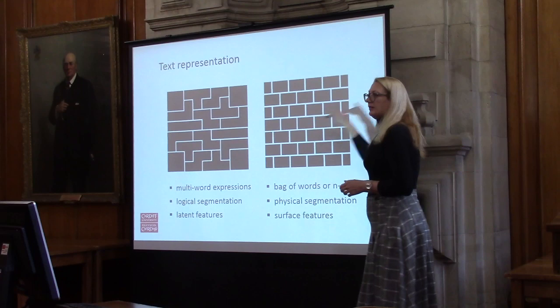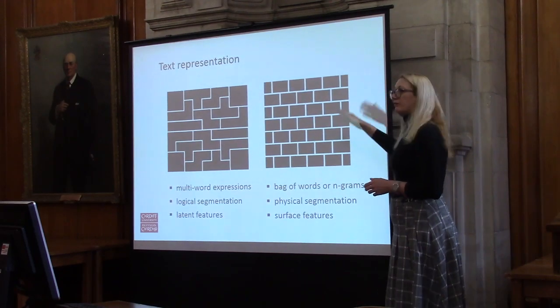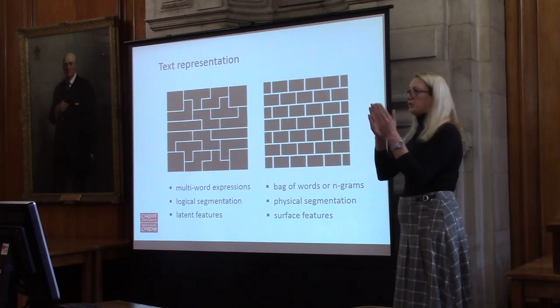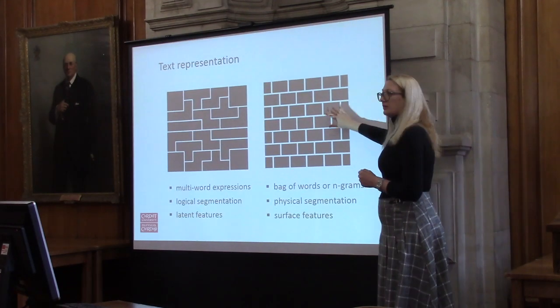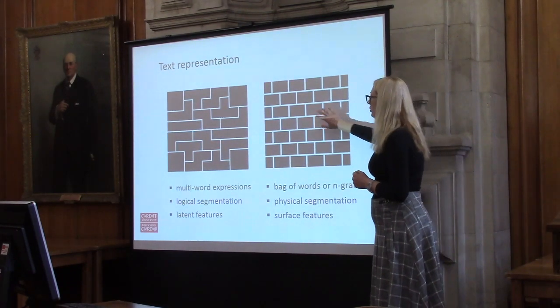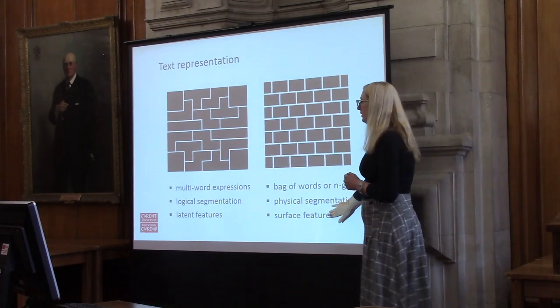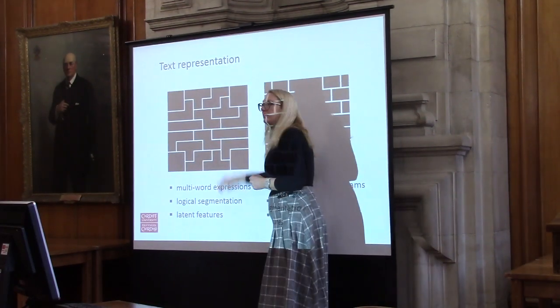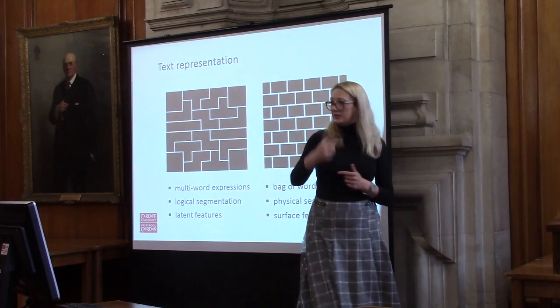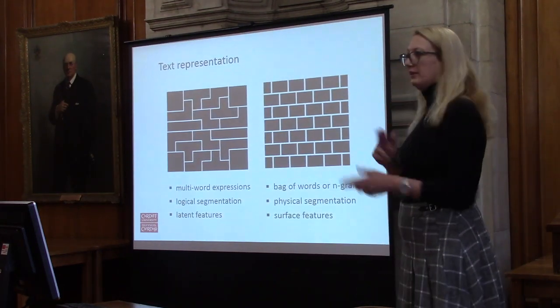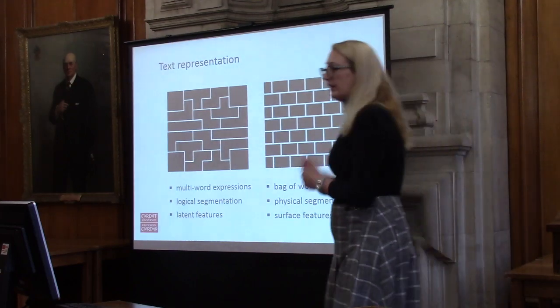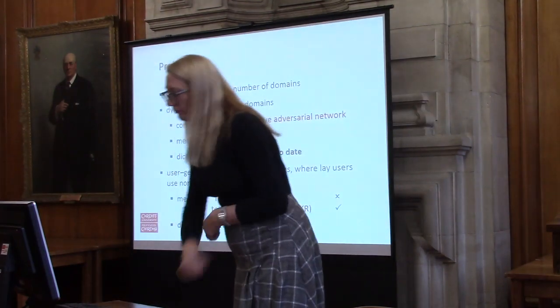If you slice it and dice it into words physically, or n-grams, you can say I'll pick 2 words or 3 words at a time, it's still physical segmentation. So in the end, you will end up retaining only surface features, and you will lose latent features. So a latent feature is basically the concept that we are talking about. So if you slice it and dice it, you actually lose that latent variable.